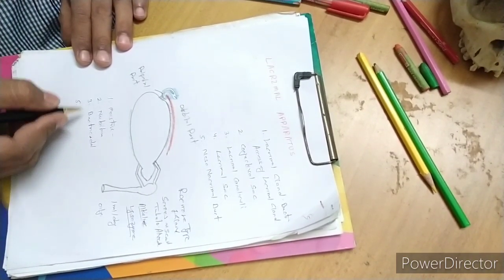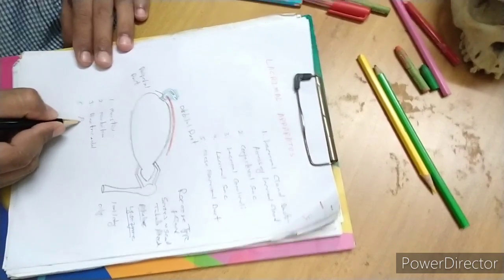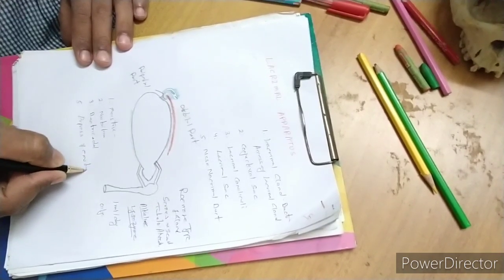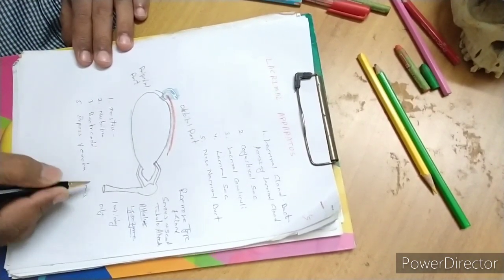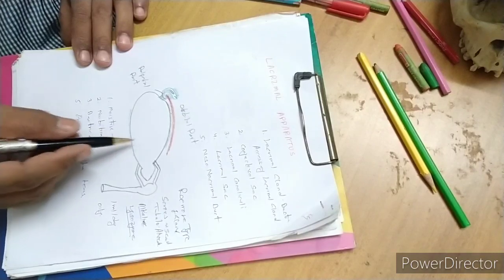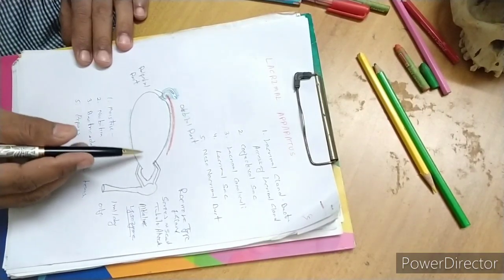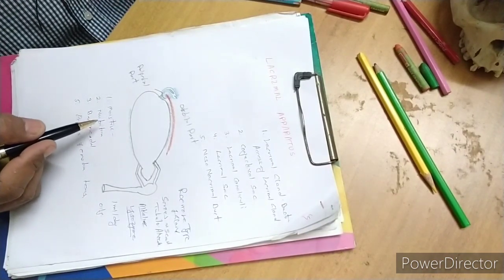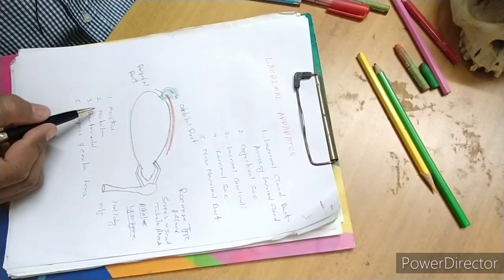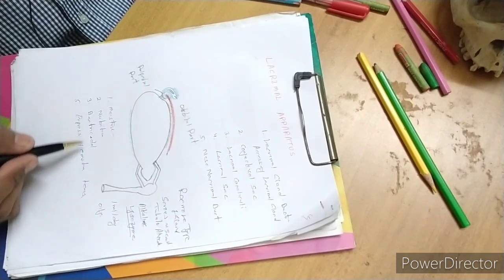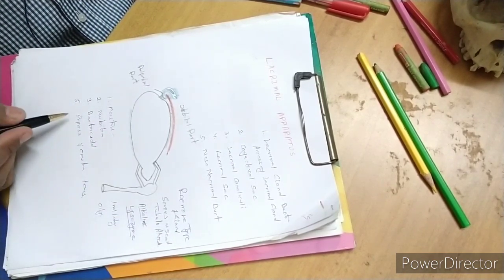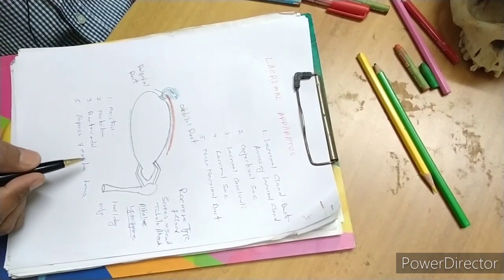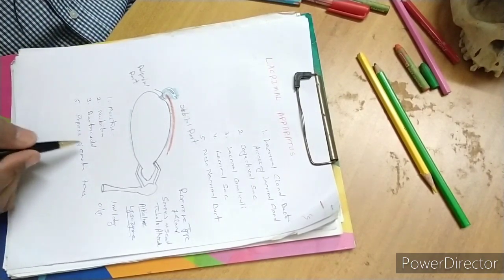And the fourth is that it expresses emotion in the form of tears. So these are the functions of the lacrimal gland. The lacrimal gland secretes the lacrimal fluid. It moisturizes the cornea and the conjunctiva, gives nutrition to the cornea, is bactericidal due to lysozyme, and expresses emotion due to the tears. So these are the functions.